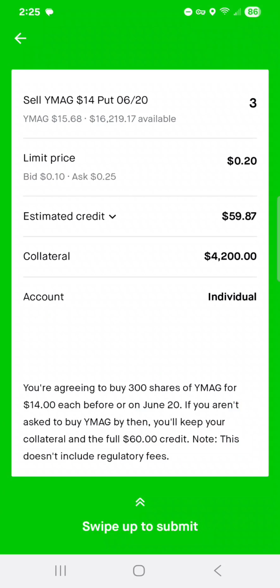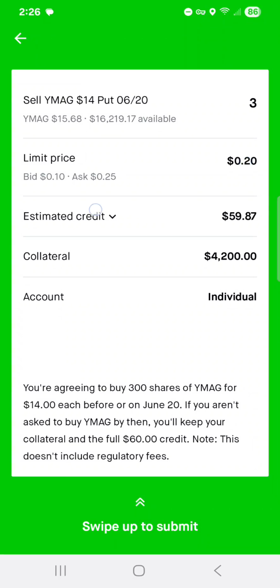I like how it gives you an explanation of what's going on. So I want to put in an order to sell 3 puts of YMAG at the $14 strike price, it expires on 6/20, and it's 20 cents for the price.